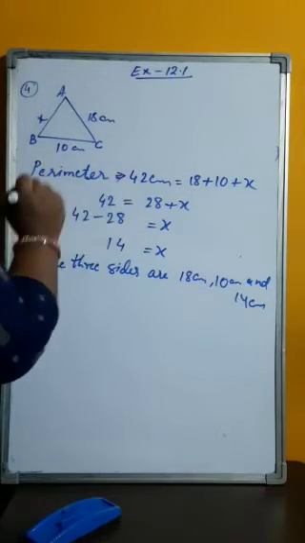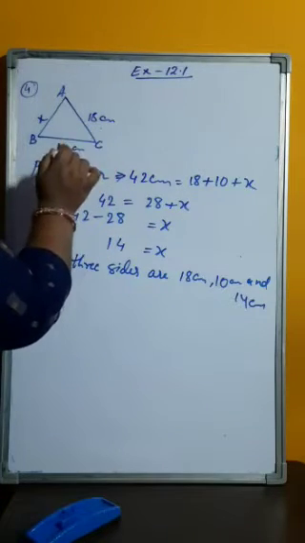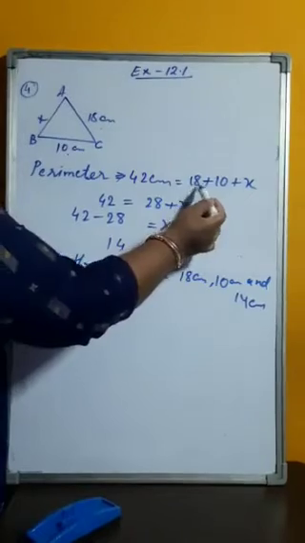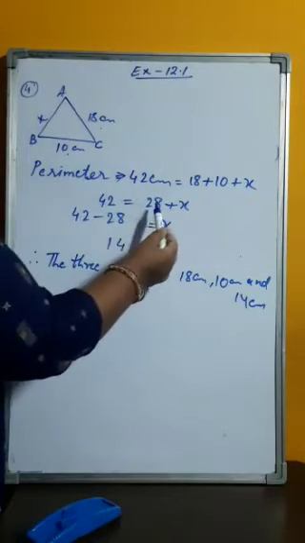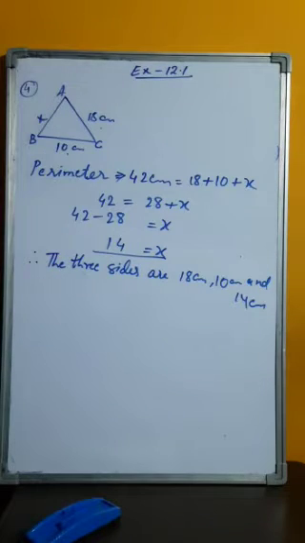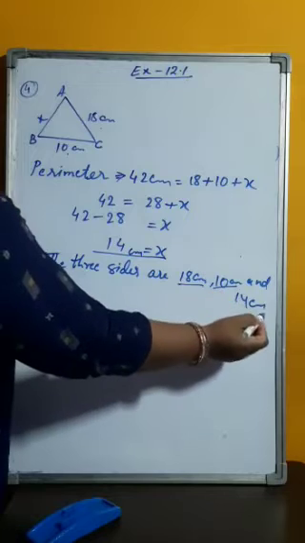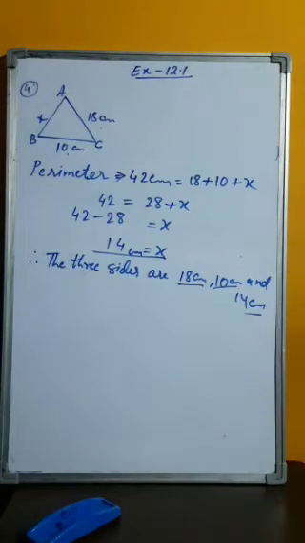We know the perimeter is 42 cm, which is equal to the sum of the 3 sides, 18 plus 10 plus x. So 18 plus 10 will be 28. So when this 28 goes to this side, you will get the third side as 14 cm. So the 3 sides are 18, 10 and 14. Now all the 3 sides are known. You can apply Heron's formula to find its area.